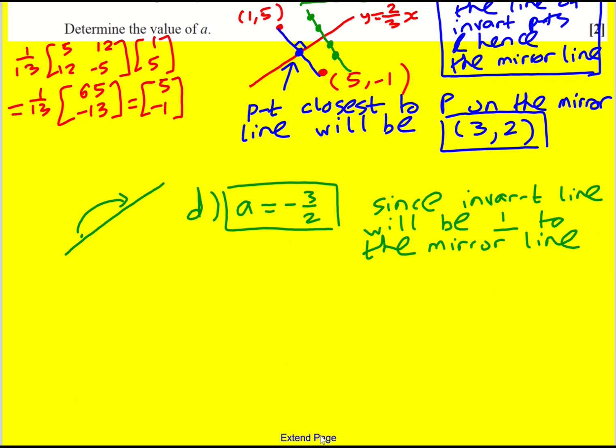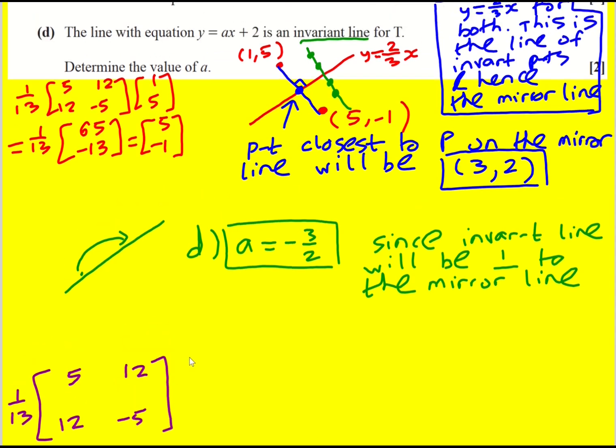Let's just go through the process of deriving it algebraically, a worthy thing to try, because it's easy to forget, I think. So we've got 1/13 times the matrix (5, 12; 12, -5). And we're looking for a line in this form.